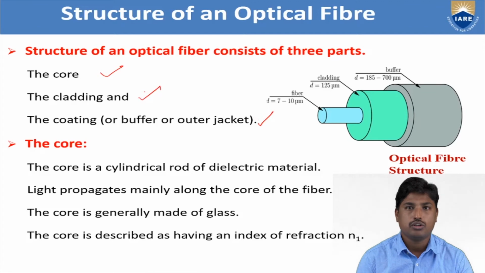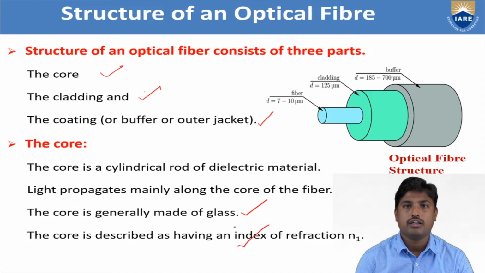The core is a cylindrical rod of dielectric material. Light propagates mainly through the core material only. Total data in the optical fiber is transmitted through the core. The core is made of glass material with a high refractive index.